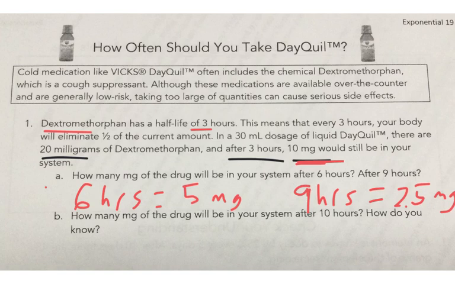So, again, there's different ways you could think about doing this. For me, I think about making this an exponential equation. So we started off with 20, and then we keep halving it every time the x grows.